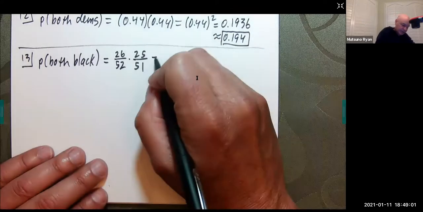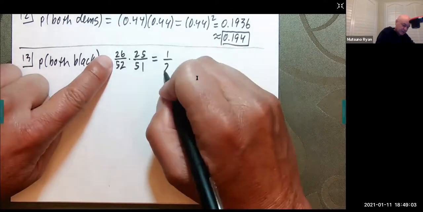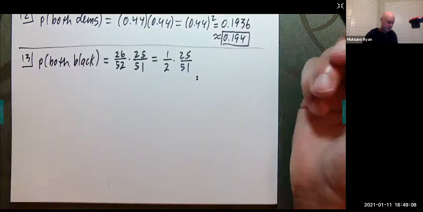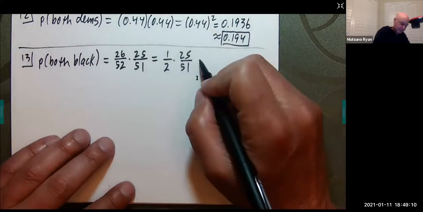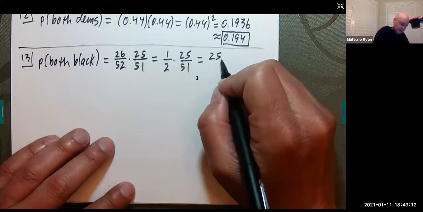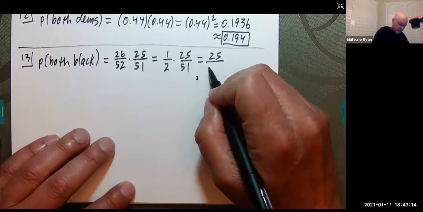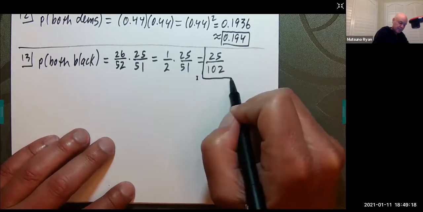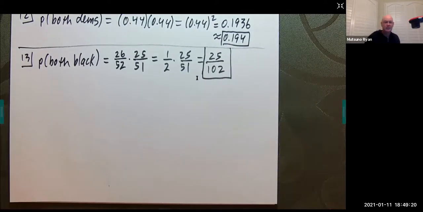And I'm going to go ahead and reduce that fraction to 1/2. And that is going to give me 25 over 102. That's it. All right.